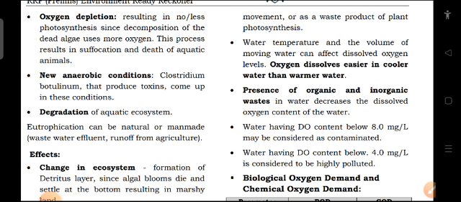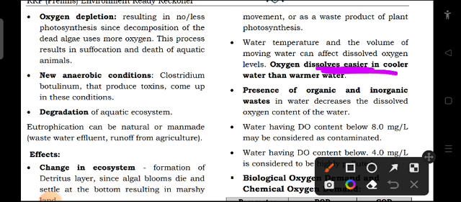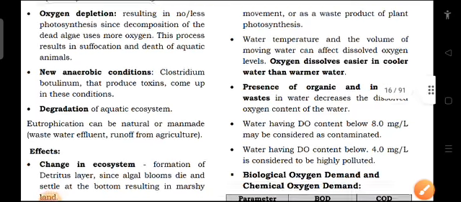So oxygen can easily dissolve in cooler water, and warming of temperature might affect the oxygen content. Then the presence of organic and inorganic waste in water decreases the dissolved oxygen content of the water. So organic and inorganic waste also have to be filtered and taken out.